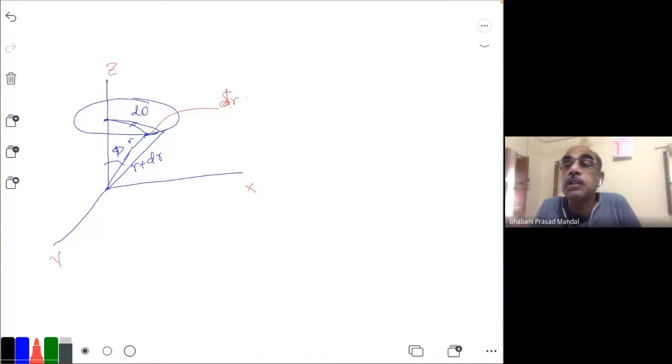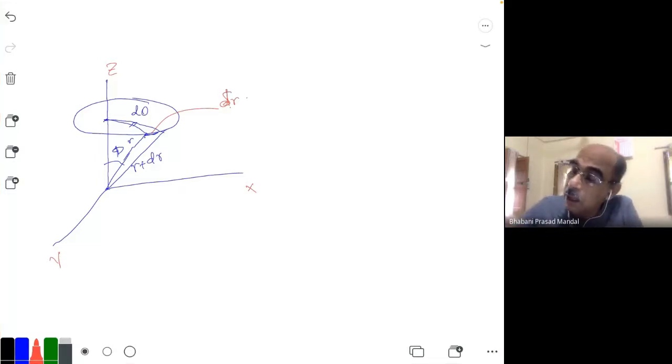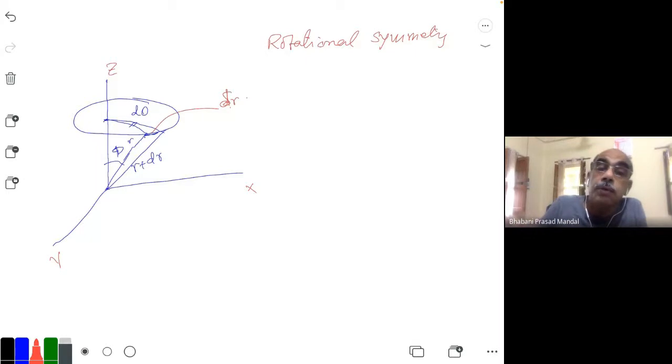Okay, so we are discussing symmetries and conservation laws, and the third symmetry that we were discussing was rotational symmetry. This rotational symmetry is a special case. We are considering the rotation about the z axis.